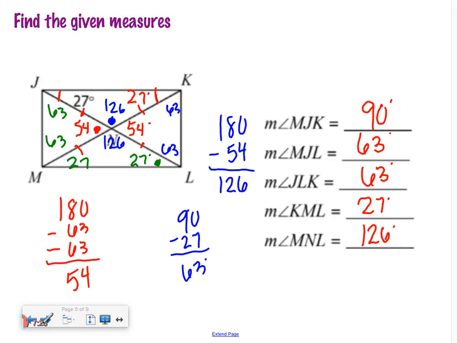Okay, the next example, just morphing those two together. You're finding sides and angles. See how far you get before you get stuck. Help your neighbors out. The exact same idea. You're finding missing sides and missing angles.